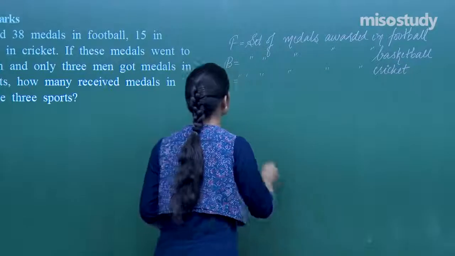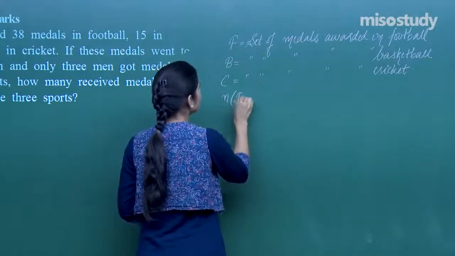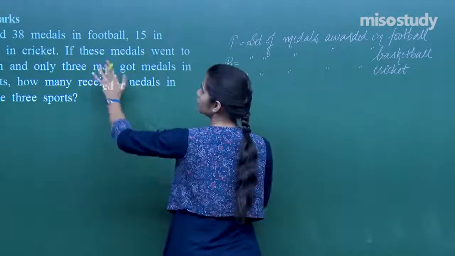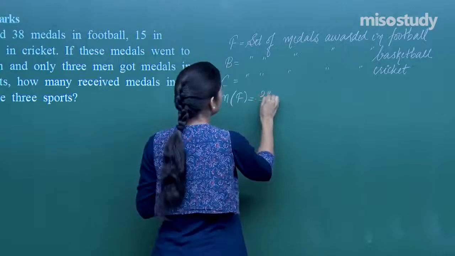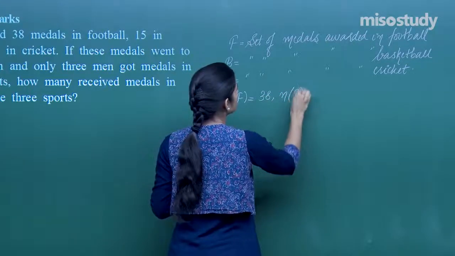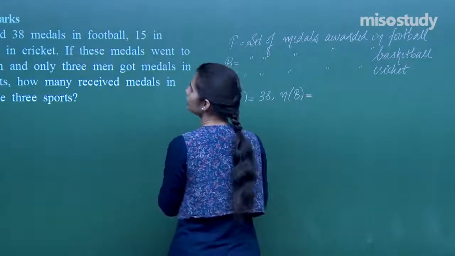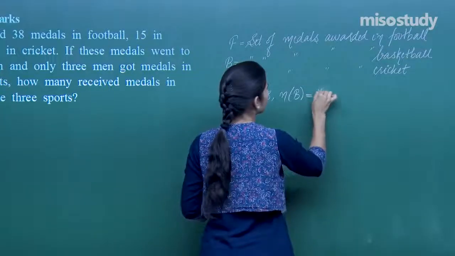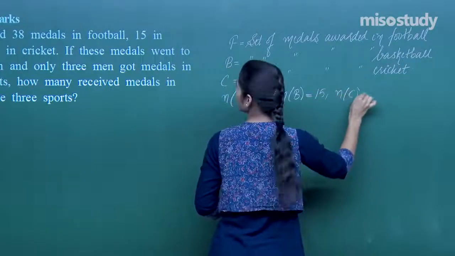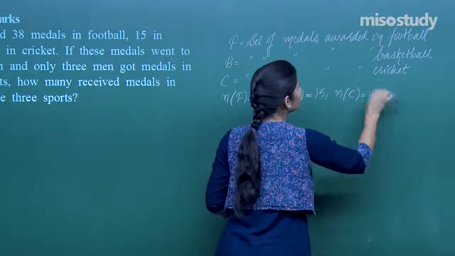It is given to me that the number of elements in set F was 38, the number of medals awarded in basketball was 15, and the number of medals awarded in cricket was 20.